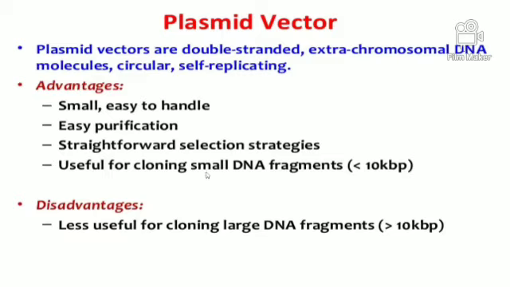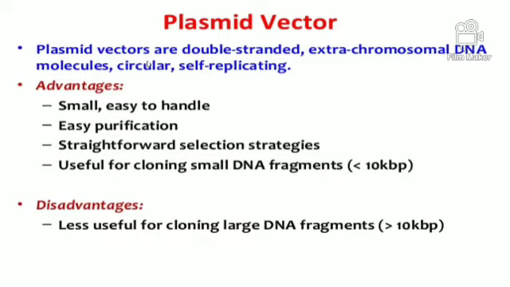The plasmid is used for fragments of around 10 kilo base pairs. If you are interested in large DNA fragments, then the plasmid is not useful as a vector, and you have to use a different type of vector.